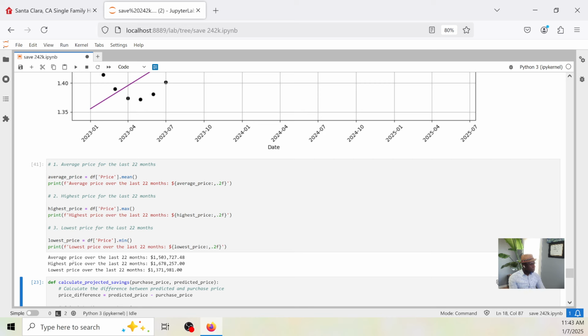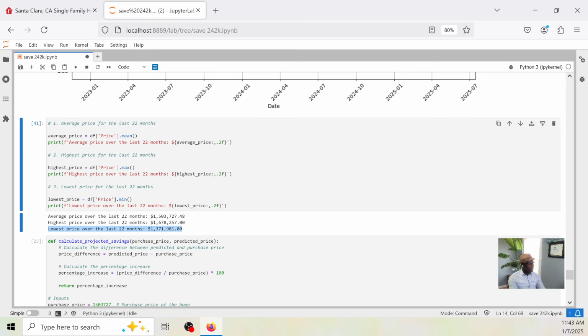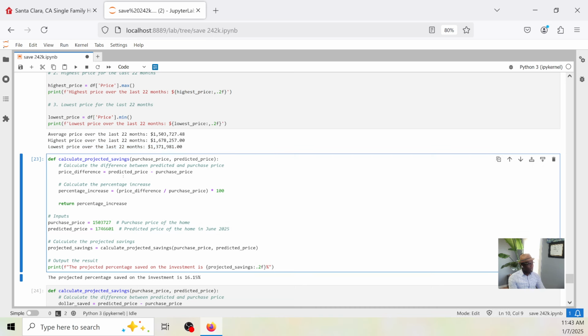So the average price over the last 22 months in Santa Clara, California for single family is 1.5 million. As we can see, the highest price being 1.67 million and the lowest price being 1.37 million.